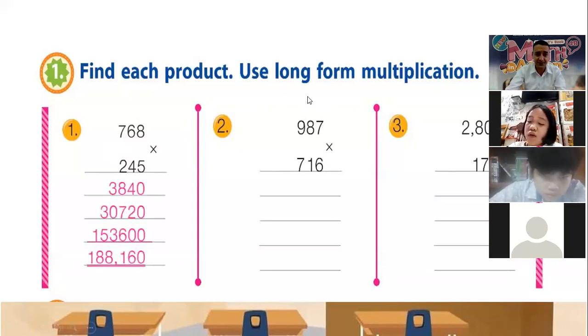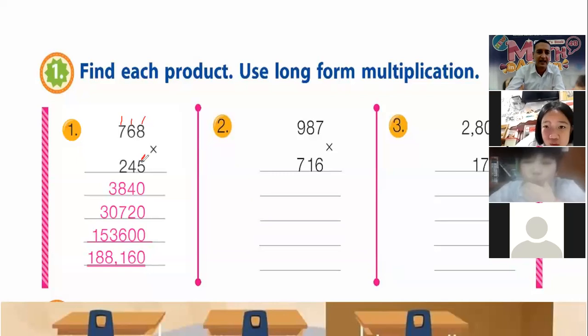So here, we are going to follow the steps. First of all, we are going to multiply the 5 in place 1 with the multiplier's place 1, then place 1 with place 10, and then follow on with place 100. Here we have 3 digits, and each of them we are going to multiply.